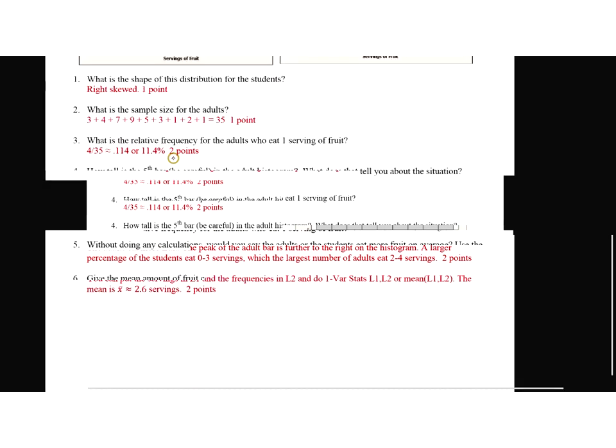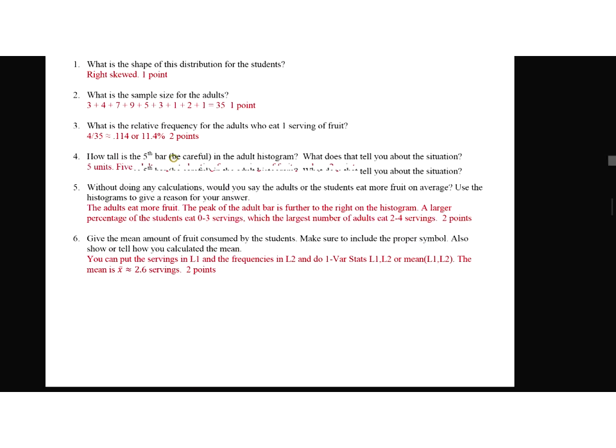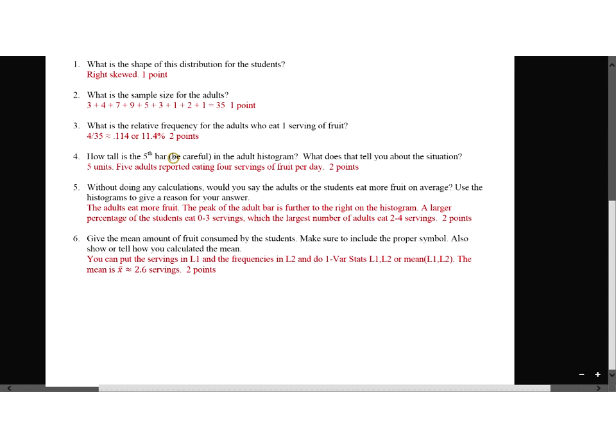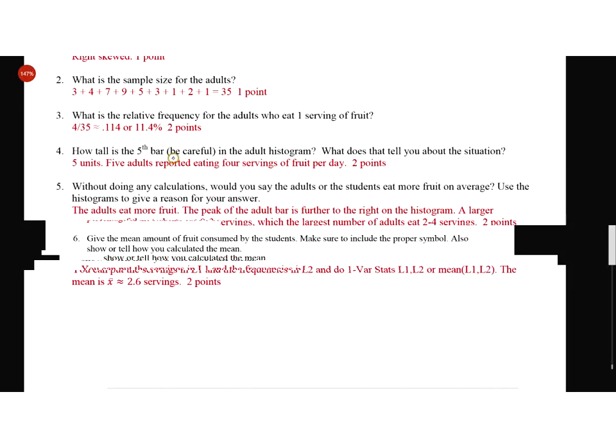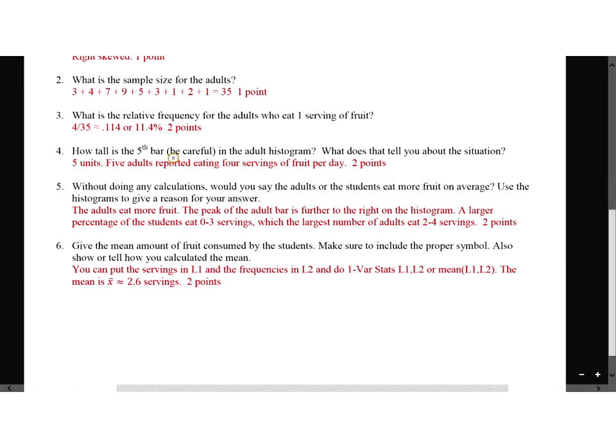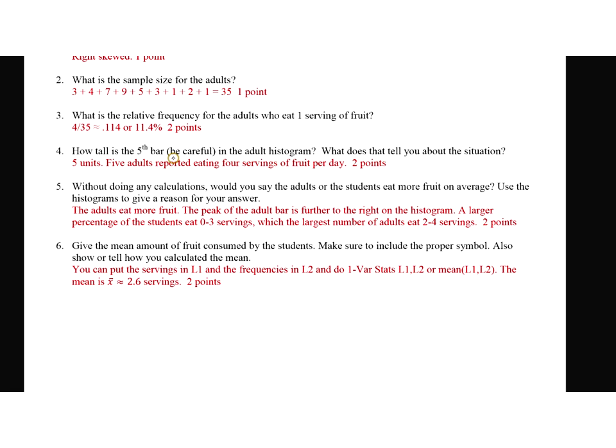Here's quiz 2, and you can see that a lot of people, in terms of what does it tell you about the situation, went into way more detail than they really needed to. The height of the 5 bar being 5 all that specifically tells you is that the 5 adults reported eating 4 servings of fruit per day. Some people said more people ate less fruit and fewer people ate more fruit.